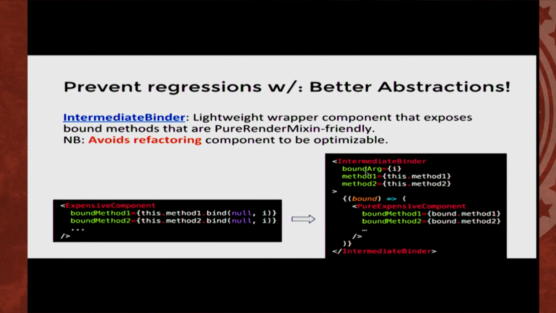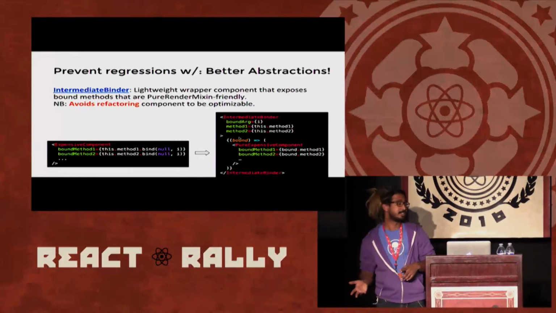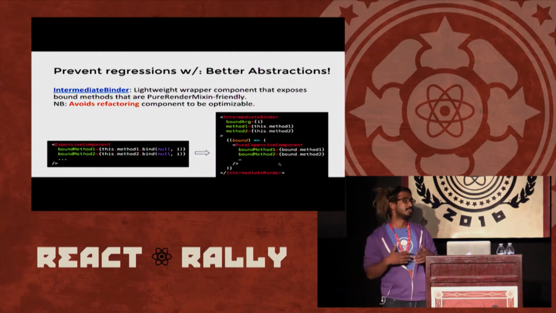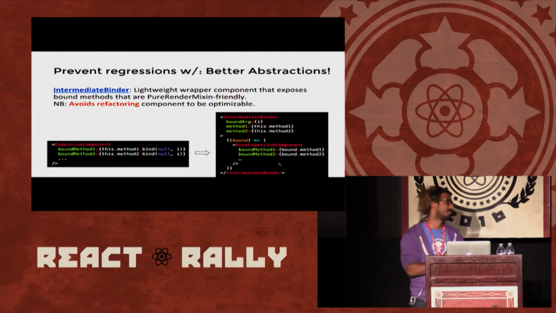So now when you actually expose it, we use this interesting pattern where the children is actually a function, and you can pass it information. These bound methods are actually going to be the same across renders if the index hasn't changed. So now we can change our expensive component into a pure expensive component, and it'll get these bound methods that are going to be the same across renders. It's a quick, dirty solution that solves the perf issue.